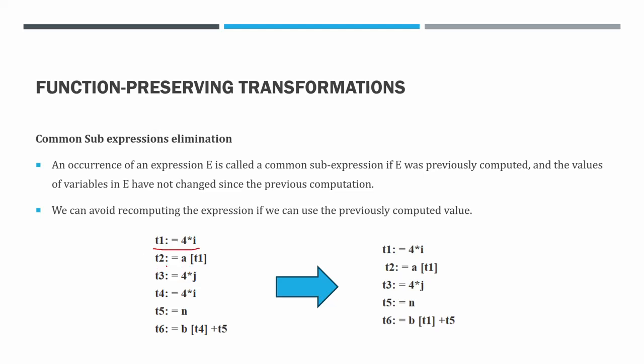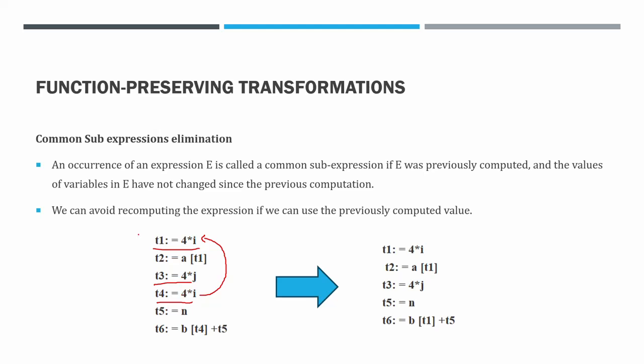After that we are performing t2 equal to a of t1. Again, here we are performing t3 equal to 4 into j. And in the next step, t4 equal to 4 into i. But 4 into i has already been computed and stored in t1, so we don't need this. We can reuse it.